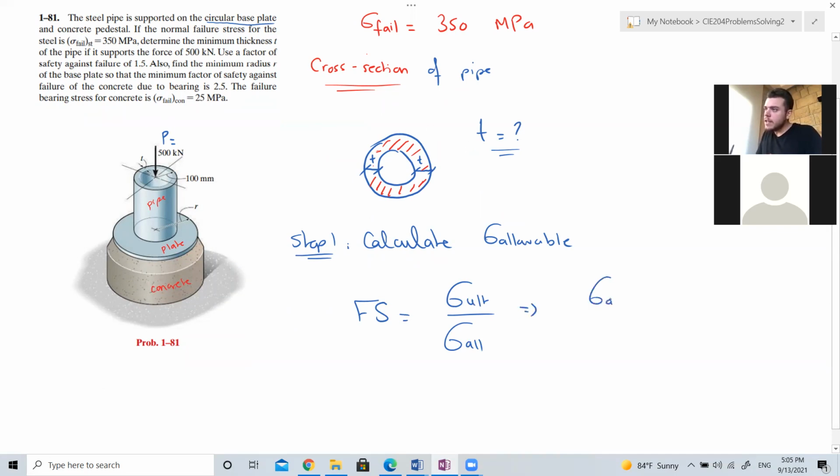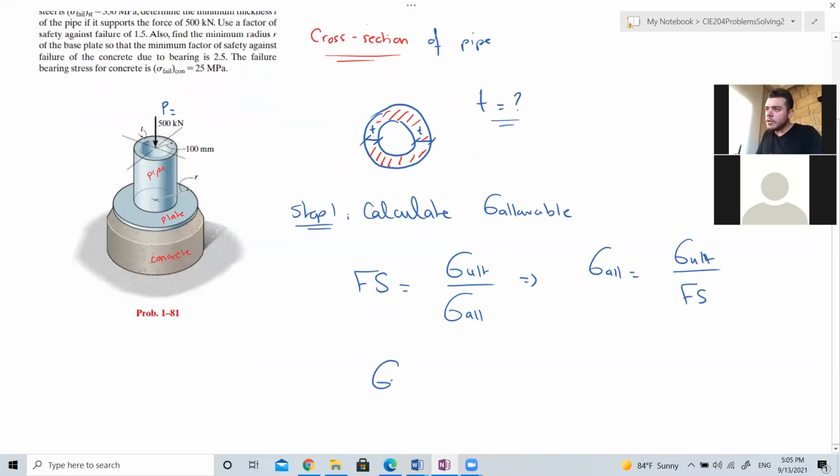This means that sigma allowable is equal to sigma ultimate divided by Fs. Sigma ultimate is sigma failure, which is 350 over 1.5, because the factor of safety in here is given to be 1.5. So sigma allowable is 233 megapascal.